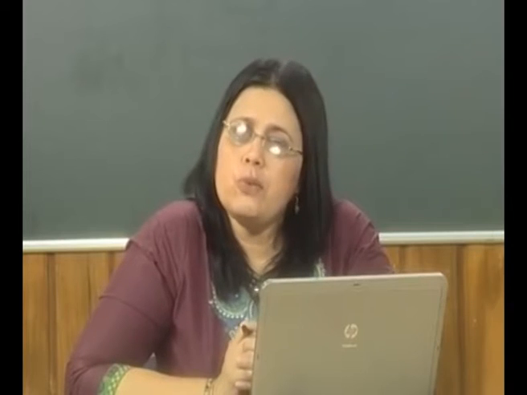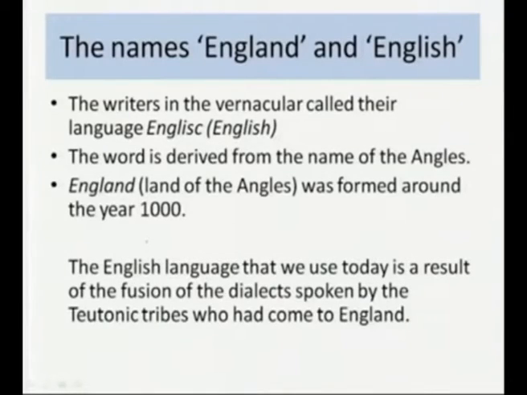Do you know where the name English or England comes from? Out of the three, you would guess that the word has its roots in the Angles. So, the names England and English: the writers in the vernacular call their language English with this spelling.